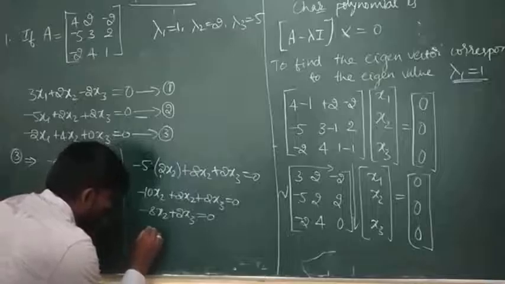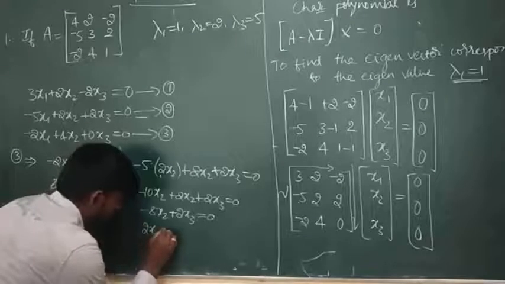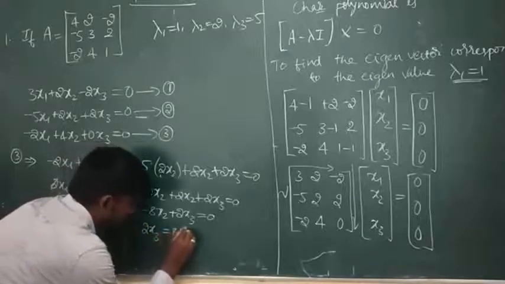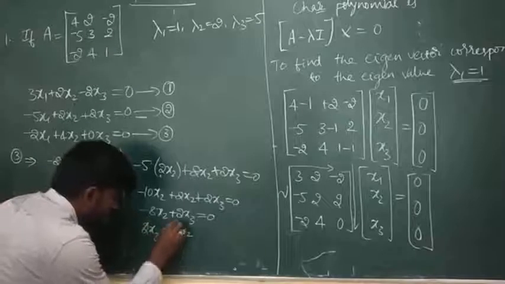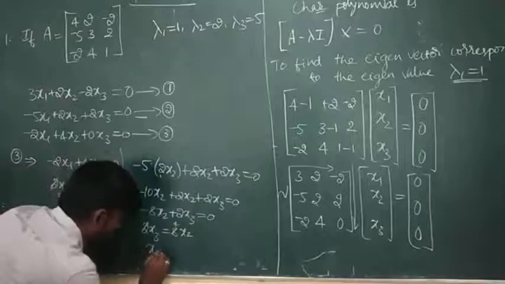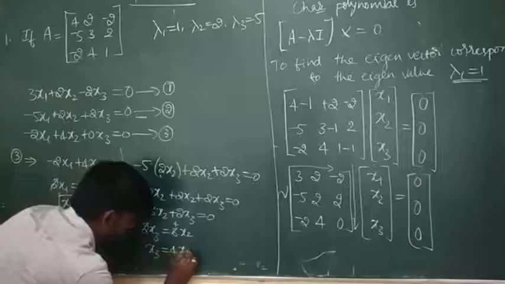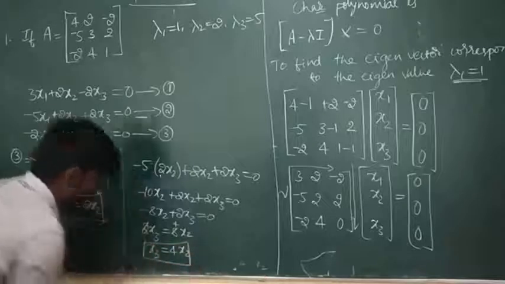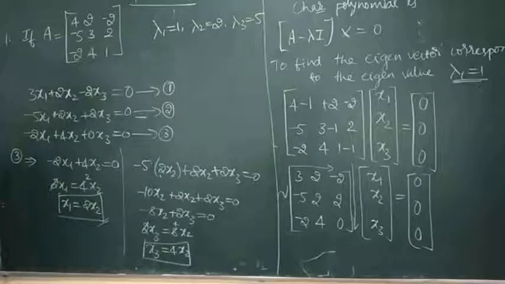Therefore, we write 2x3 is equal to 8x2, so x3 is equal to 4 into x2. Understood?